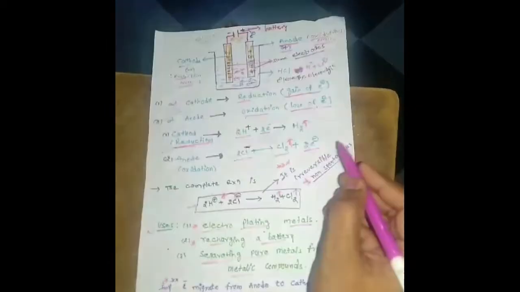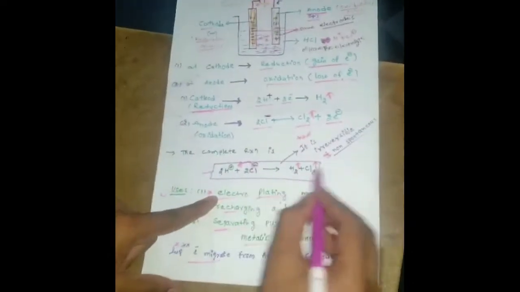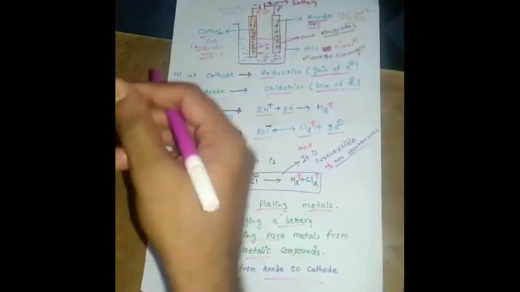Is it a reversible or irreversible reaction? It is an irreversible reaction. When hydrogen and chlorine gas are formed at the cathode and the anode, they evaporate, so it is an irreversible process.